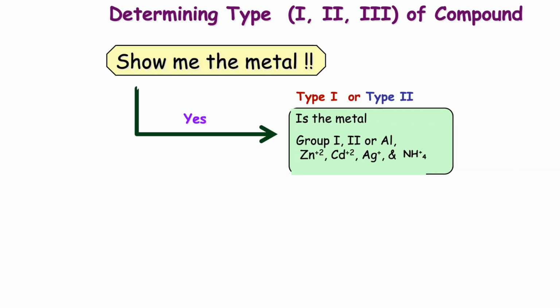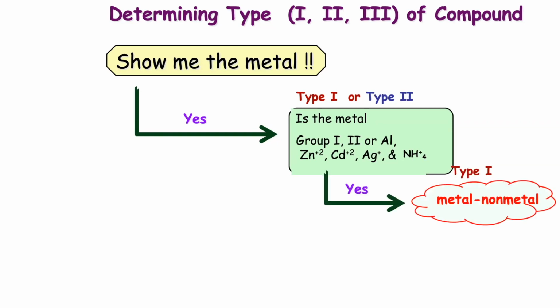Zinc will always be +2, cadmium will always be +2, silver will always be +1, lithium will always be +1, magnesium will always be +2. You know that. If you know that, then all you've got to do when you name these things is name the metal: sodium, zinc, silver, and then the non-metal, whatever it's bonded to.